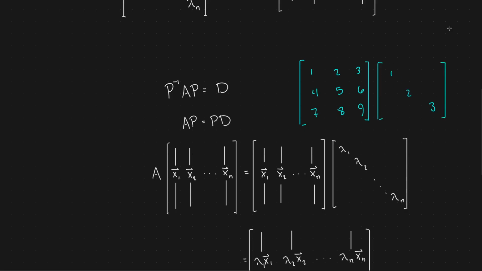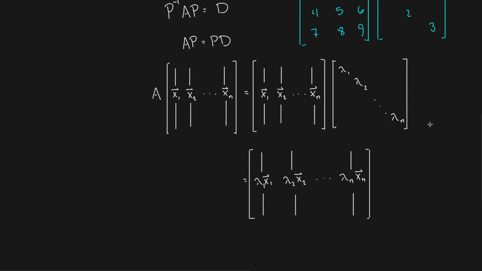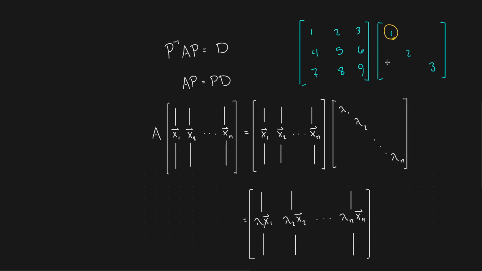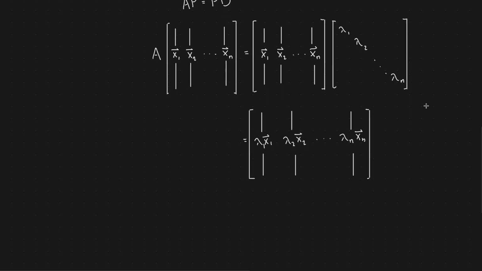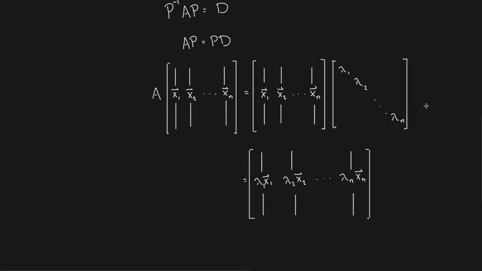And you will see that in the first column of the product, you get this times this column. Okay? And the second column of the product matrix, you get this times this column. And the third column of the product matrix, you get this times this column. Okay? If you want to try it out, just to confirm that the result is true, give it a try. It will help you understand what's going on a little bit better.